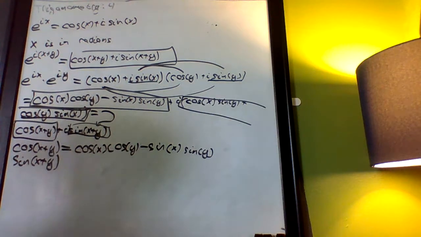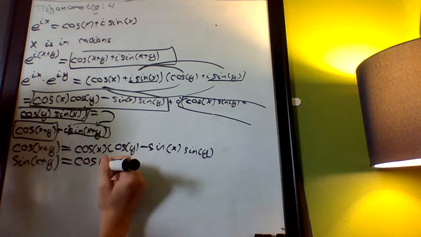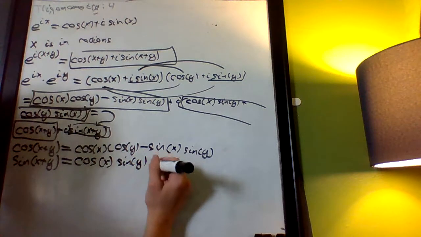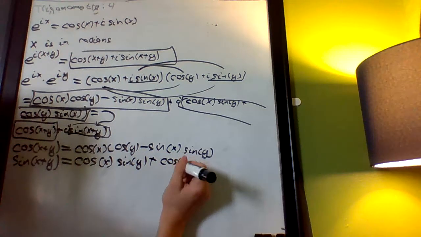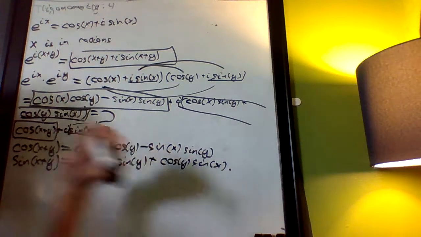Okay? So sine of x plus y should be cosine of x times sine of y plus cosine y times sine of x.